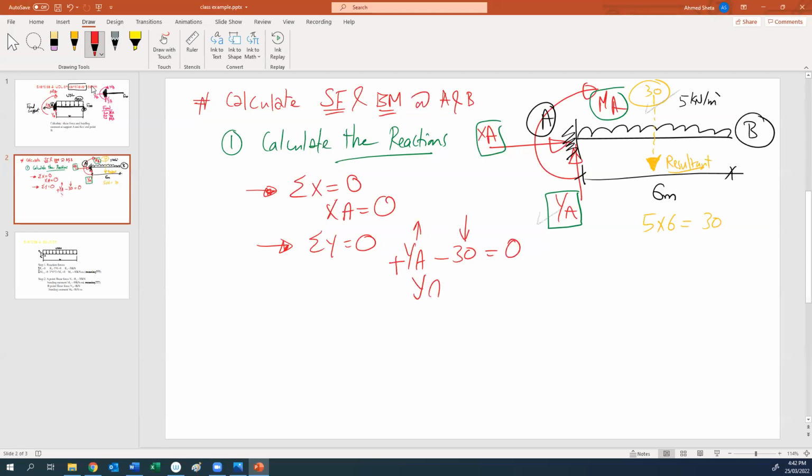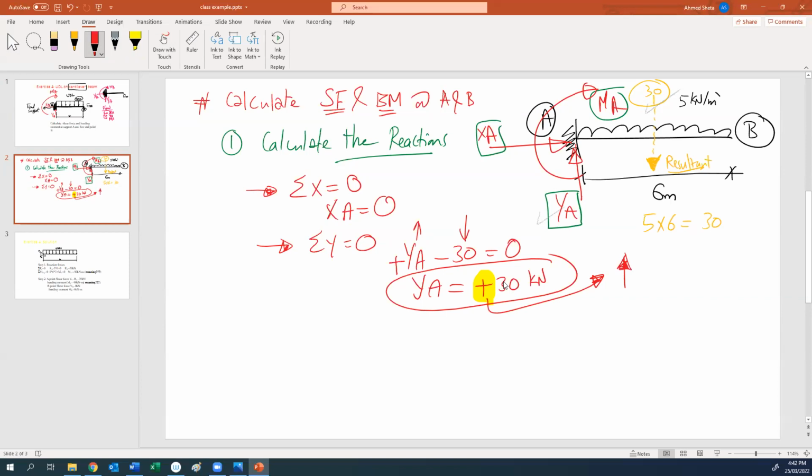From this equation, we find that YA equals positive 30 kilonewton. The positive sign means we assumed it correctly and the reaction is going up.